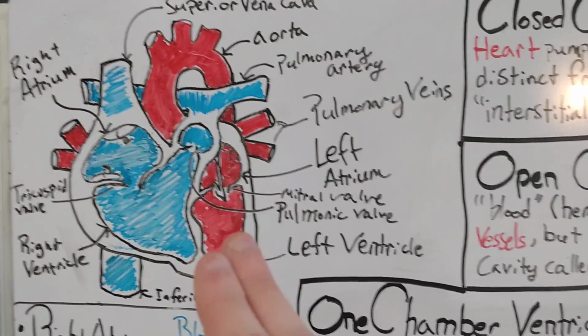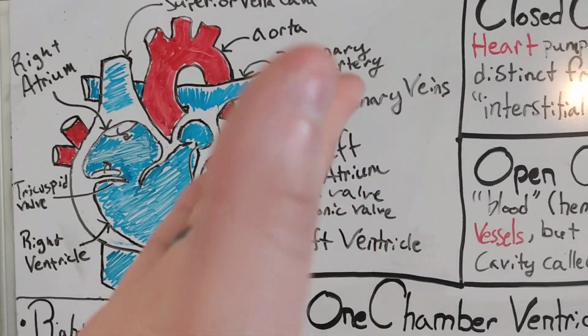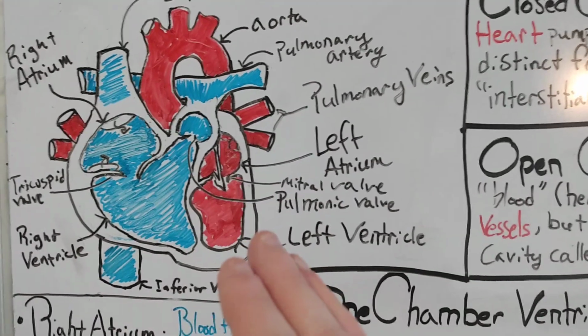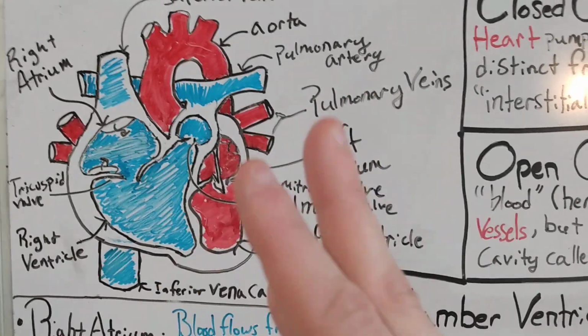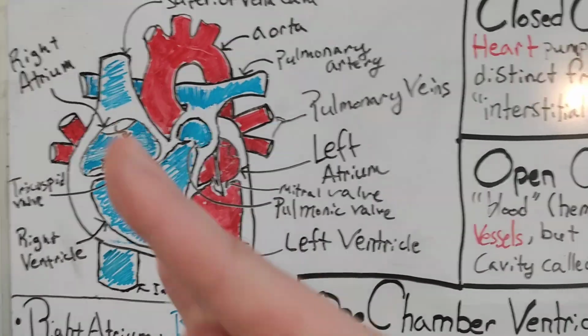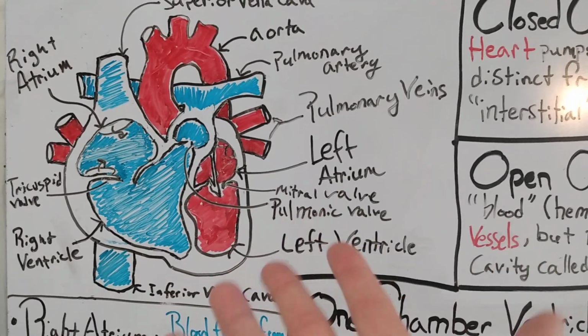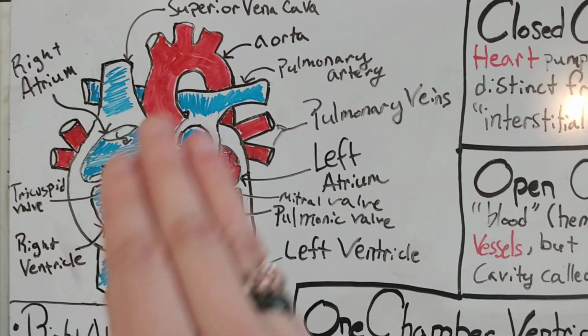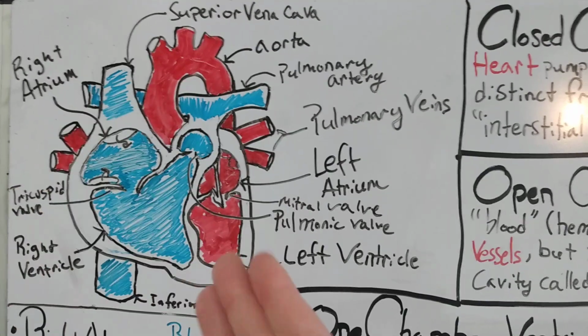And once that left ventricle is full, that mitral valve will close. And the left ventricle will contract and it will send the blood. We can't see it on this because it's blocked by this right side of the heart.